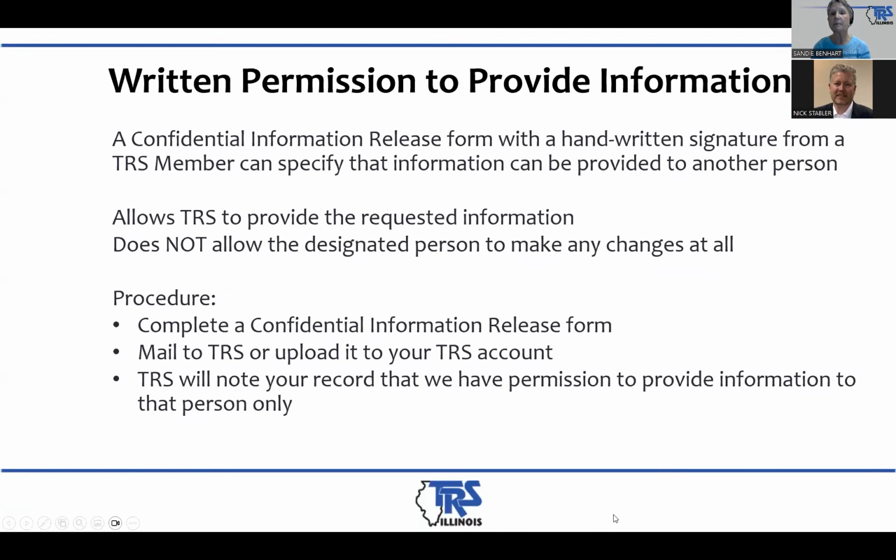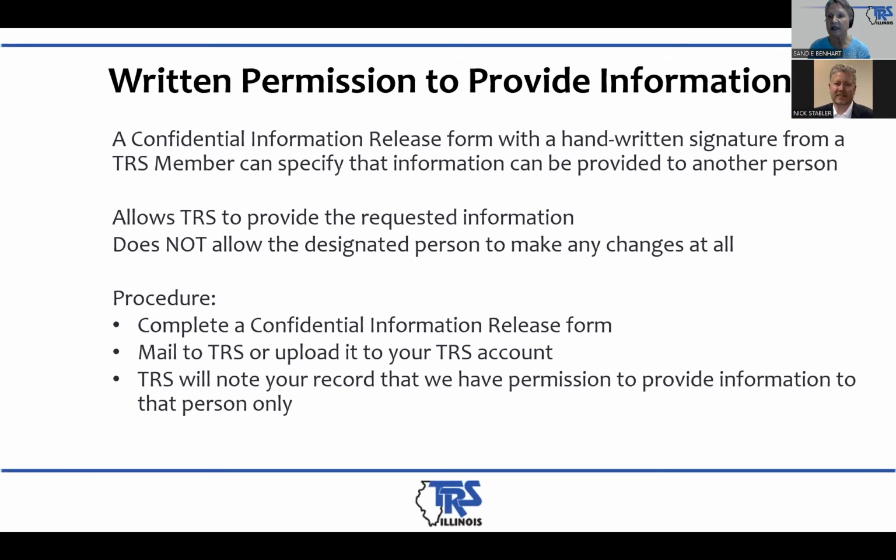So the most basic level of giving permission to someone is to just simply give permission to provide the information. And you can do that using what's called a confidential information release form. I'll show you that in just a second. We need your handwritten signature on that. And then you can let us know what information we could provide.